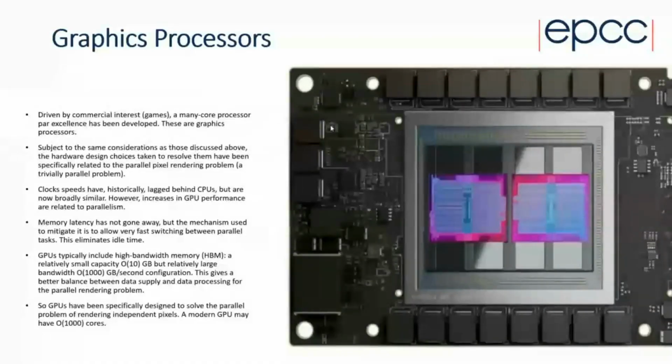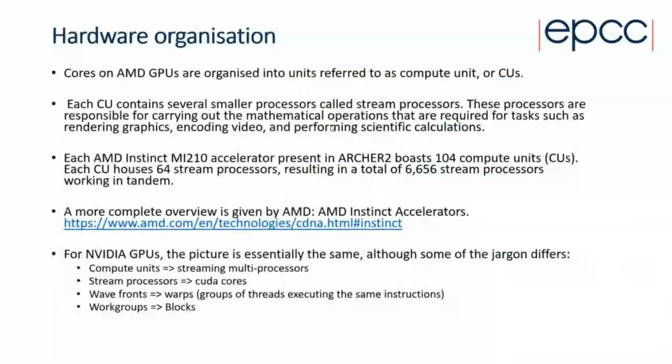GPUs have been designed specifically to solve the parallel problem of rendering pixels. So they have thousands of cores to do this independently, and we're going to take advantage of this to do useful science as opposed to rendering games, however different you may think the levels of usage of these two things are. It has been a while since we used texture buffers and things like this to do scientific compute.